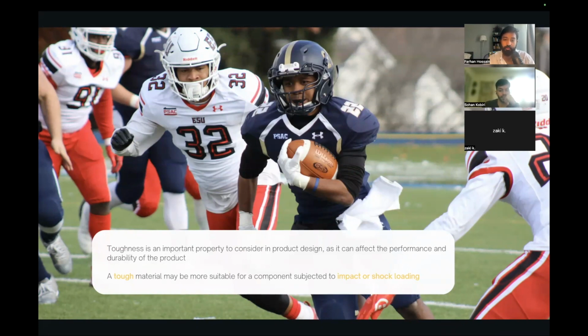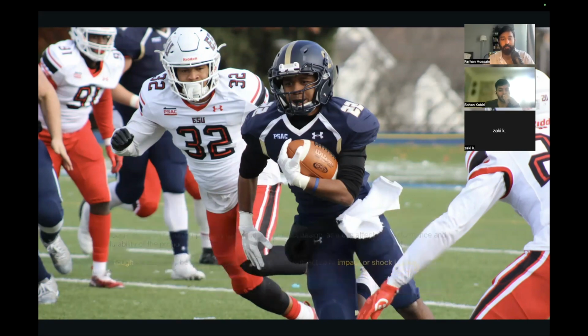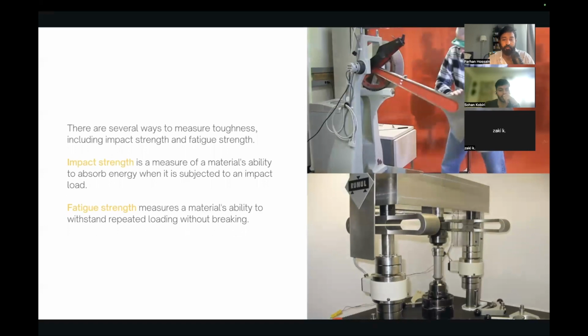And so you have a helmet which is pretty impact resistant and has tough materials inside of it and around it. There are various ways to measure toughness. These are just two of them: impact strength and fatigue strength, which is just how durable these materials are over time when subjected to these types of loads.